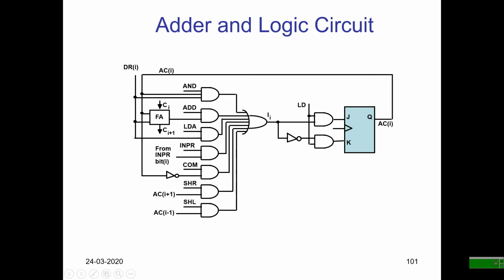And last is your accumulator that performs the different operations. The size of the accumulator is 16 bit. So we can say that we can perform adder and logic circuitry for 16 stages. Thank you.